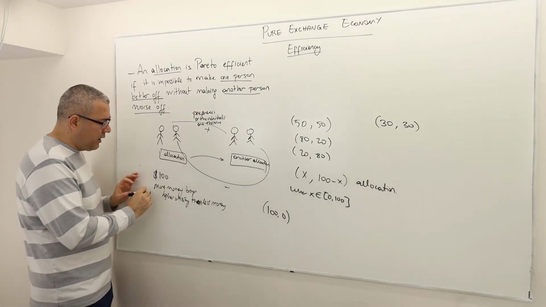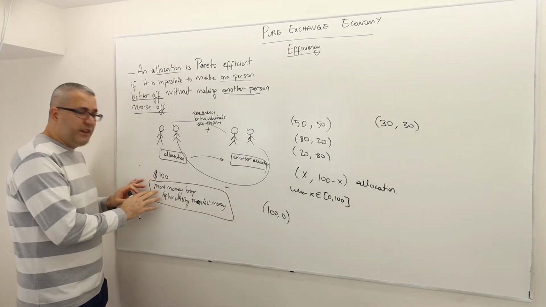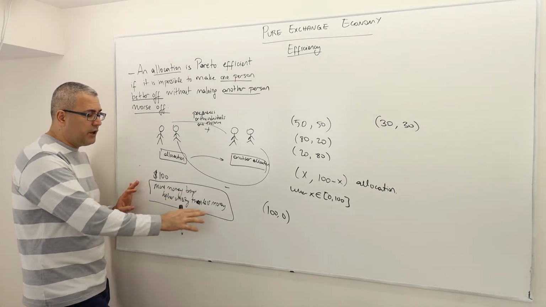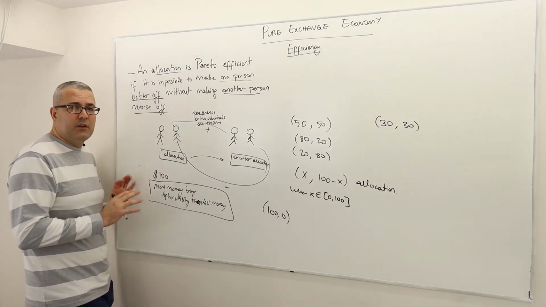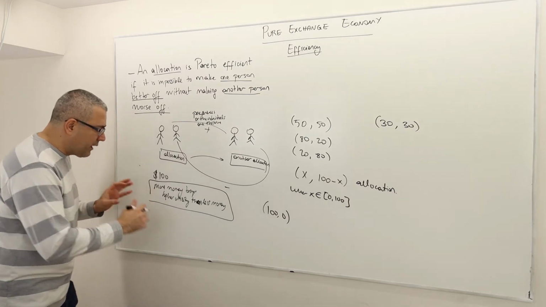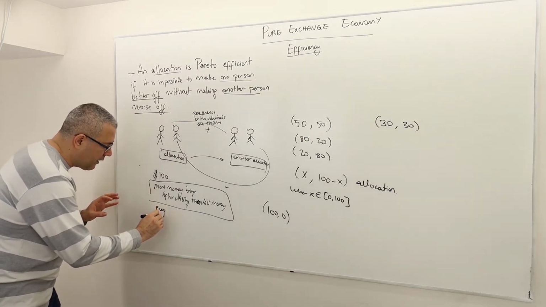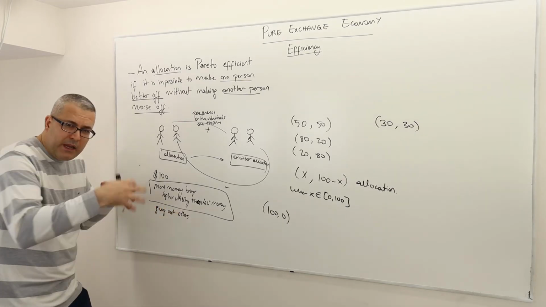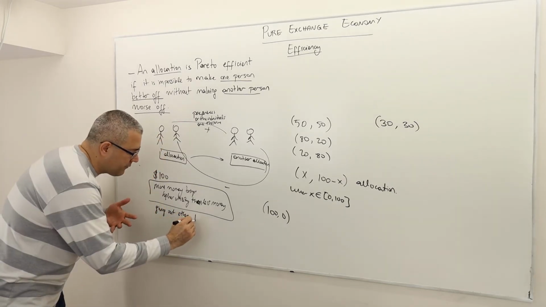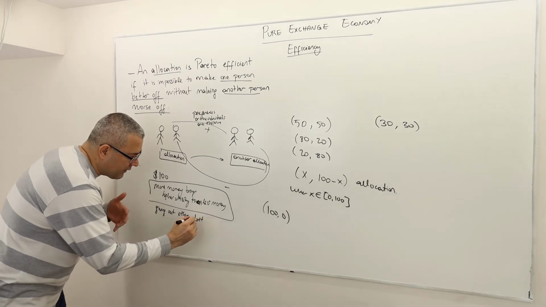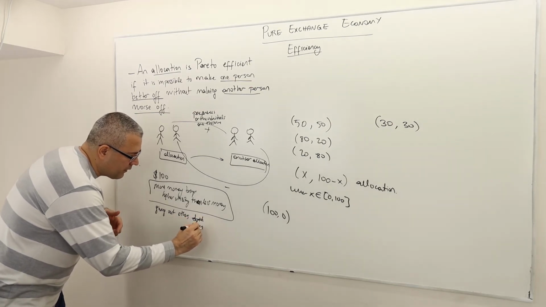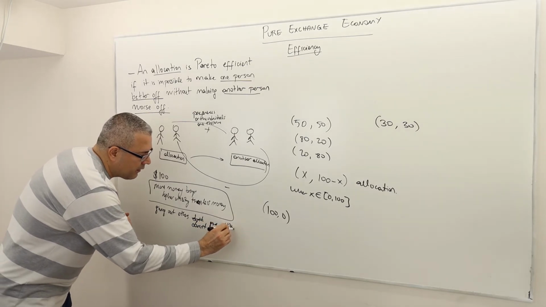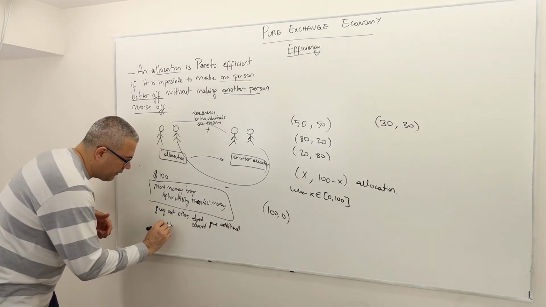Here we did not specify that. All we said is that more money brings higher utility than less money, all right? And let's suppose giving money to others doesn't give additional utility, right?